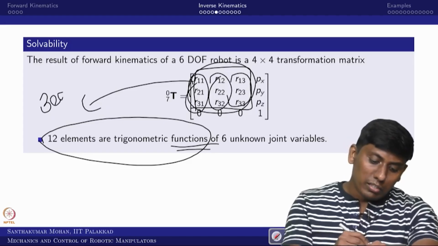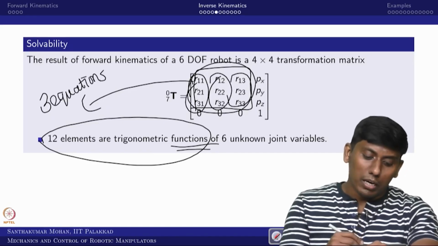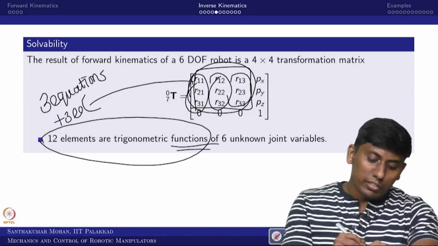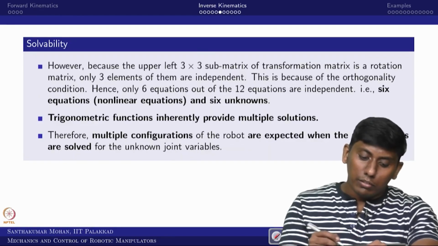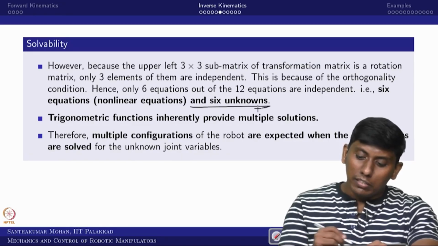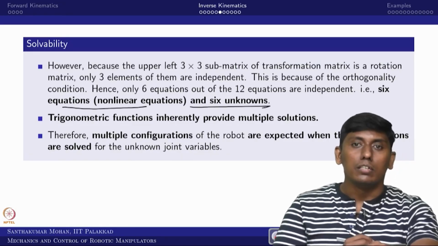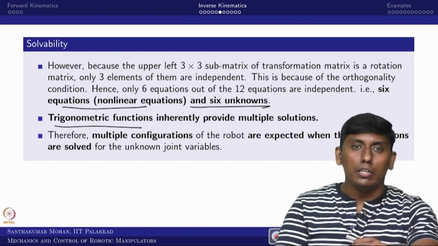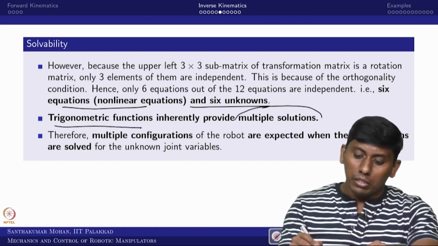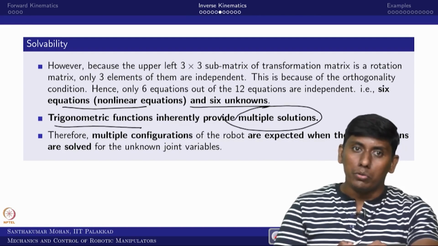So 3 equations can be obtained from the rotation matrix and 3 equations can be obtained from the position vector. So with 6 unknowns, you finally end up with 6 nonlinear equations. These nonlinear equations are inherently trigonometric, so they will provide multiple solutions.